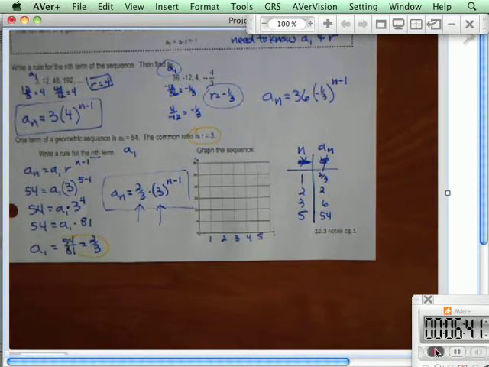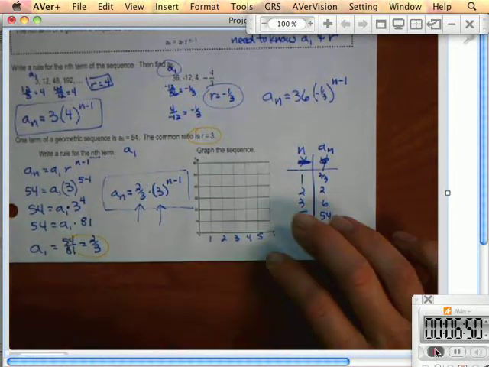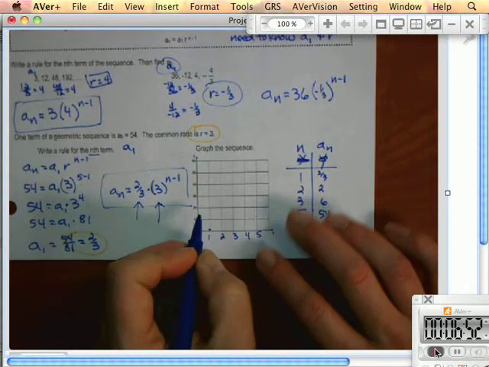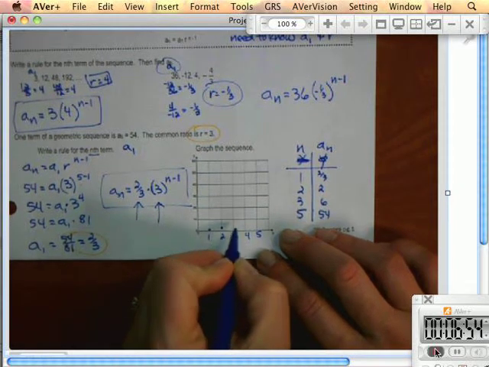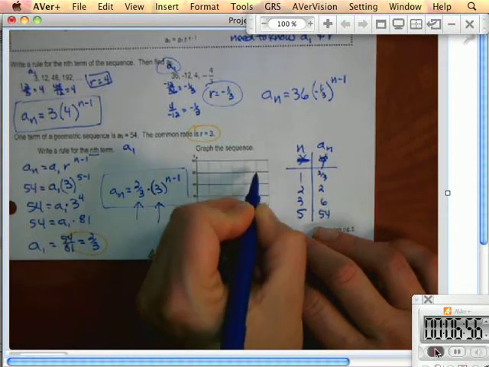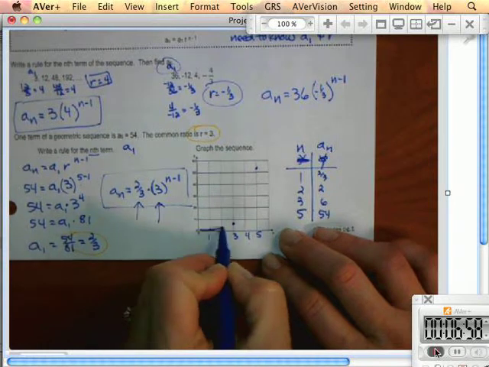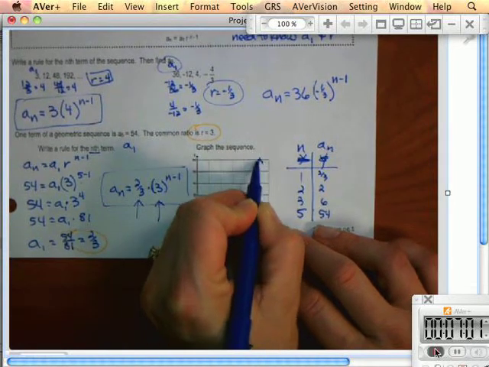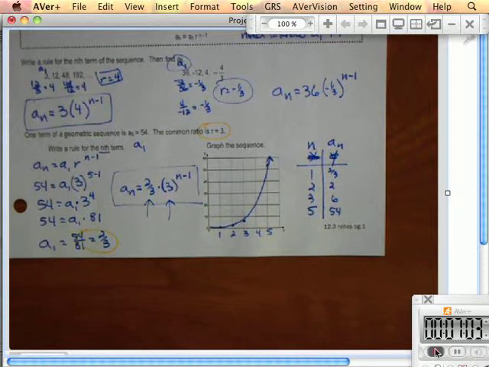Yeah, the first one's going to be really close to the x-axis. Look at that nice exponential curve. Isn't that beautiful?